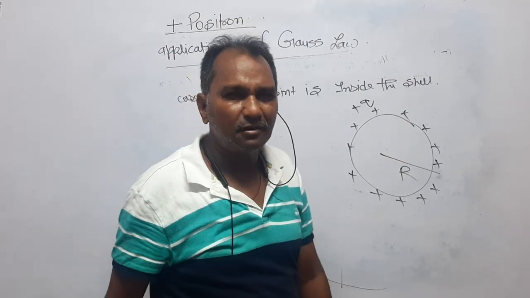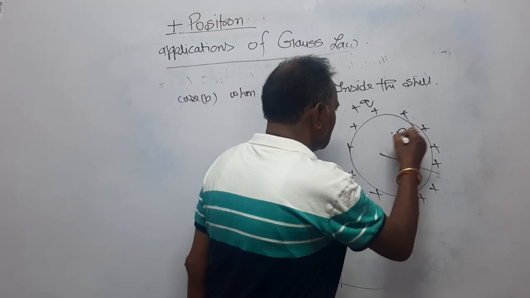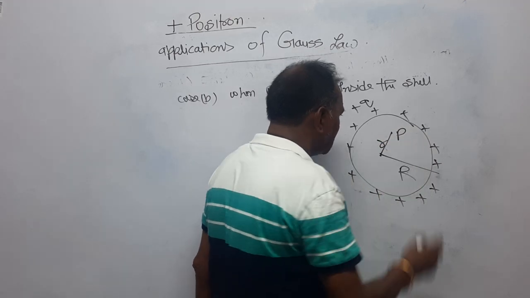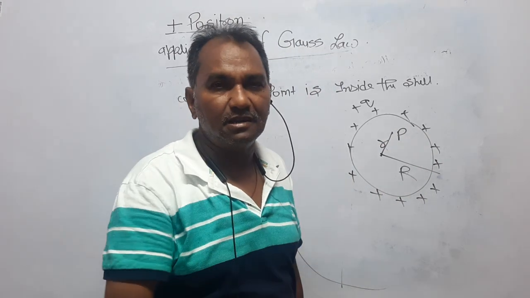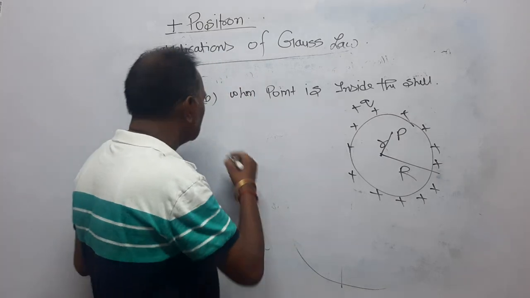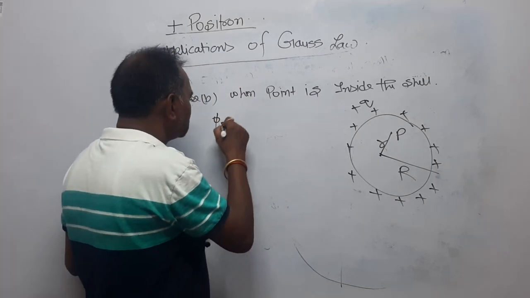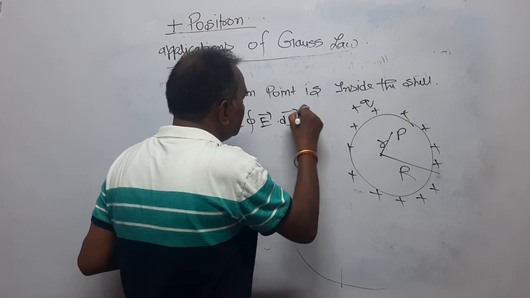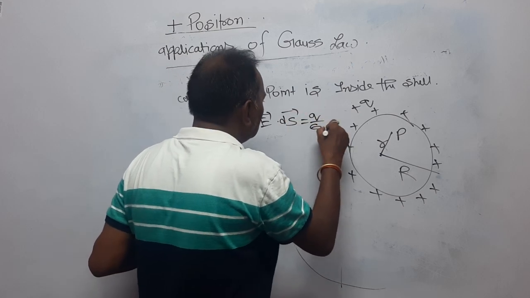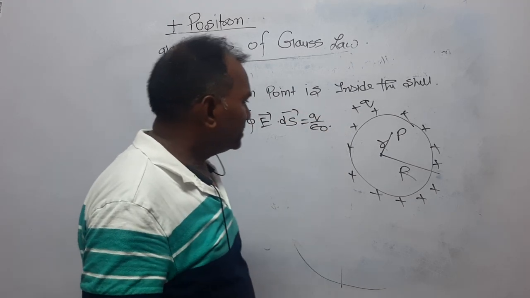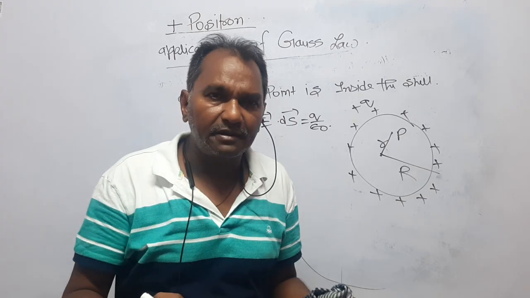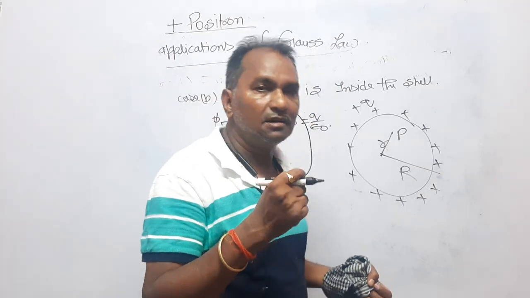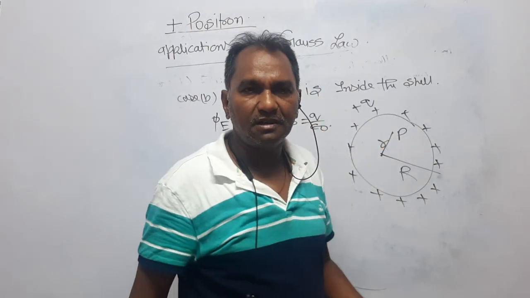Now you have to find out, let a point P be small r away from the center, and that is inside the shell. Now dear students, again applying Gauss law, phi equals integral E dot ds, and that is equal to Q upon epsilon naught. Now inside the shell, in fact, the charge is residing at the surface of the shell.